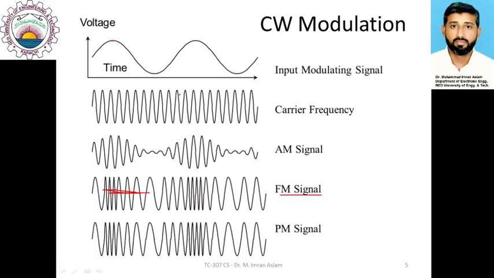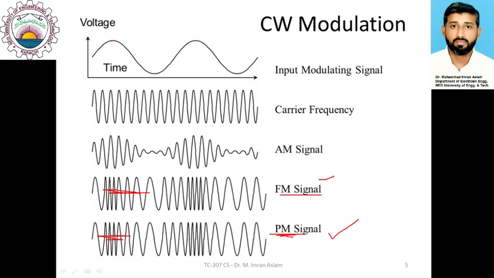Phase is also changing, but that change will not be directly proportional to the amplitude of the message signal. Similarly, in phase modulation, the phase of the modulated wave is directly proportional to the amplitude of the message signal. Although frequency is also changing, that change will not be in direct proportion, that will be some other relationship, but phase will be proportional to the message signal.